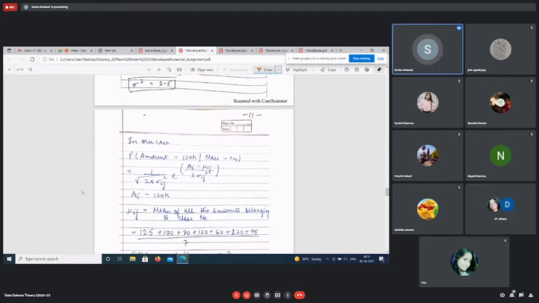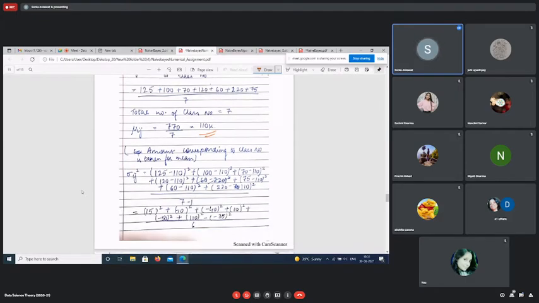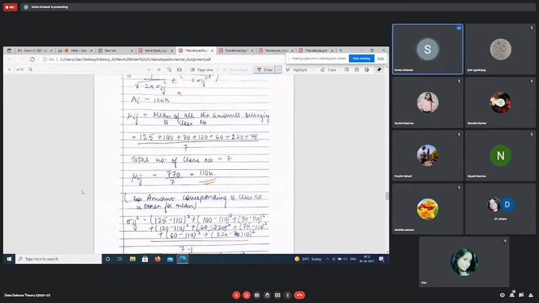Now the amount is 120K, belongs to class no. Substituting the values in the formula, we are getting a value of. After this, again we have to go for what? How did we calculate it? We counted all the same 7 values for no class. So these are 7 in total. We calculated the mean.